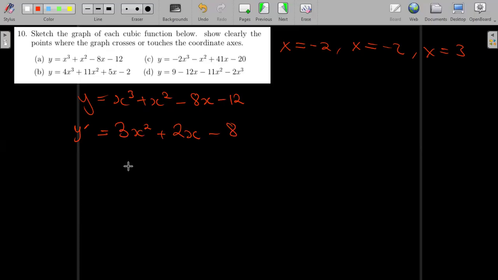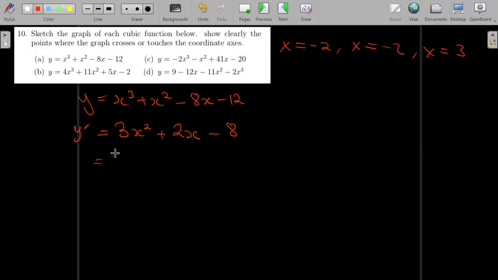Now, again, what I want to do here is to factorize this and get my critical points. I'll call them critical points or critical values, whatever. But the purpose of getting those values is just to show me the behavior of my graph. So what do I do? I have to factorize this.